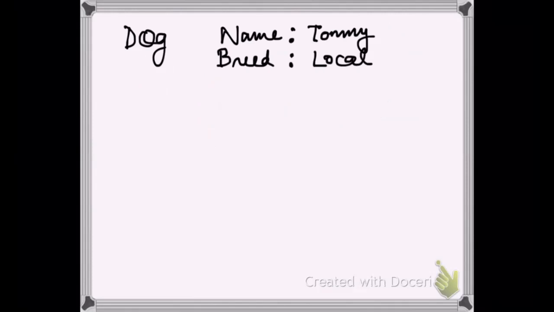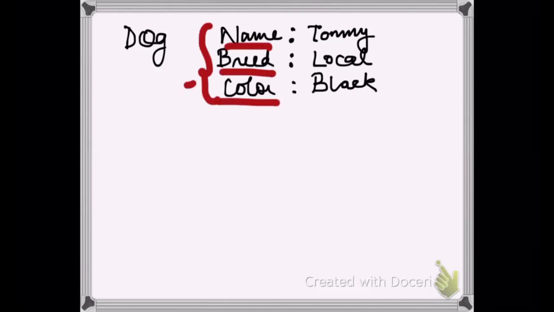Then the dog has a color. Let's say the color of my dog is black. So these are some of the features that you can use to describe my dog. Not just any dog. These features will only describe the dog that I have. So it is my dog only, who has the name Tommy, who is a local breed, and it is black in color.